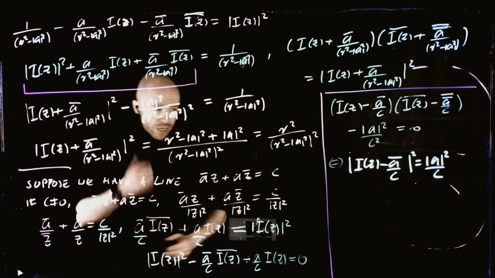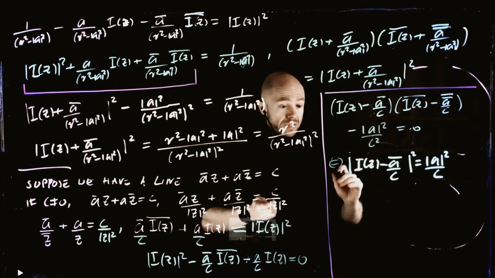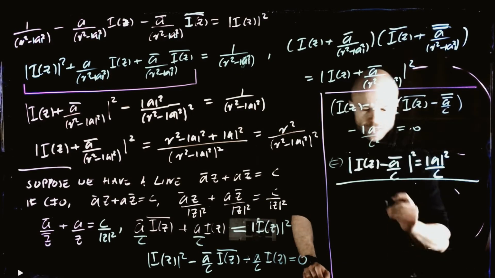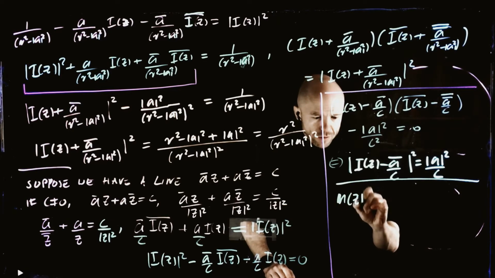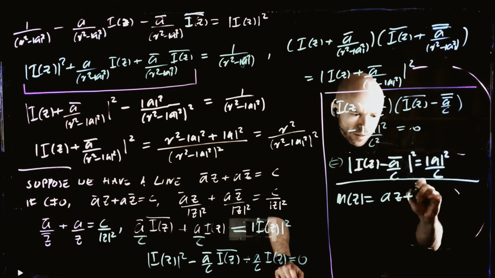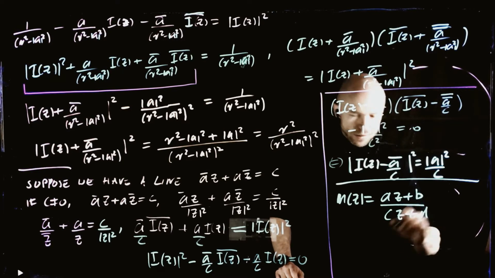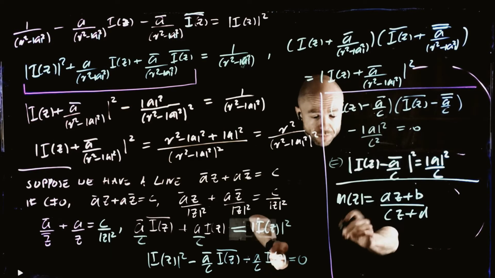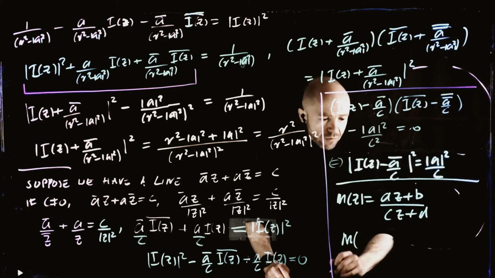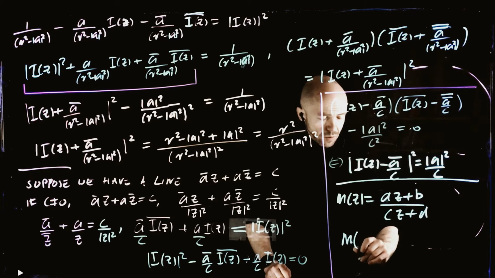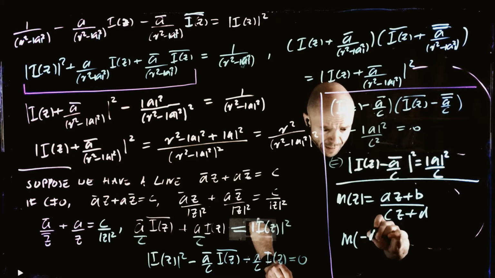But in the general Mobius case, the 0 has a role which is taken by a different number, because look, we have m of z equals az plus b over cz plus d, right? As we mentioned before, the thing that gets sent to infinity is the thing that makes the bottom equal to 0, which would be minus d over c.